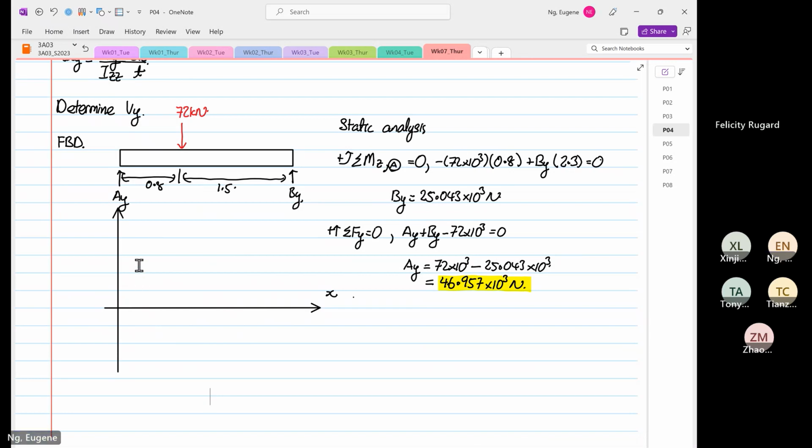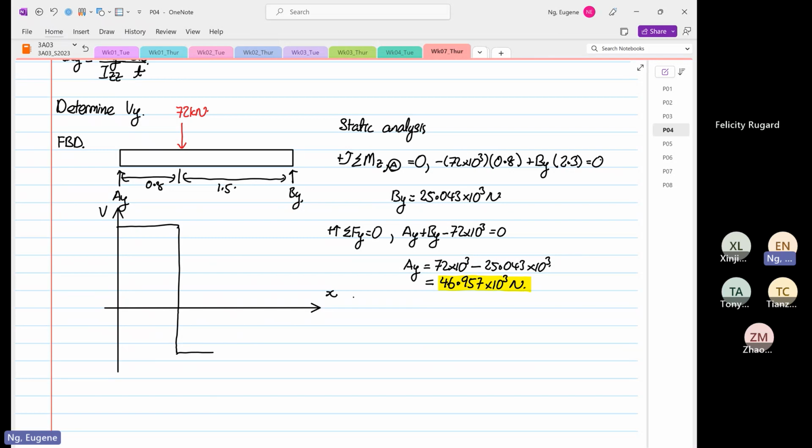So we have 46, so this is our V. So 46, you'll do this. And then over here, it will go down to 25.